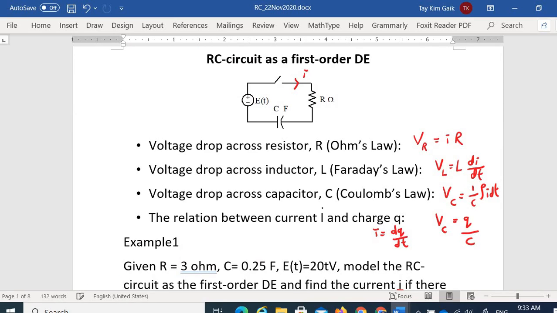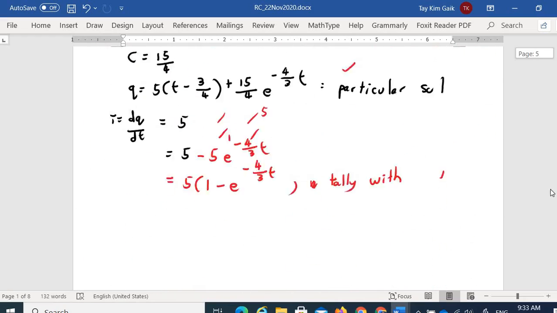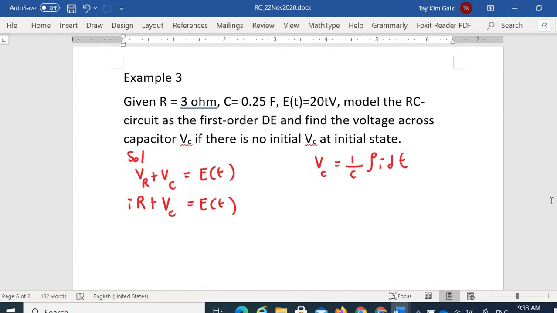The I that flows through the resistor and capacitor is the same. So I'm going to take the I, solving for I from VC here.